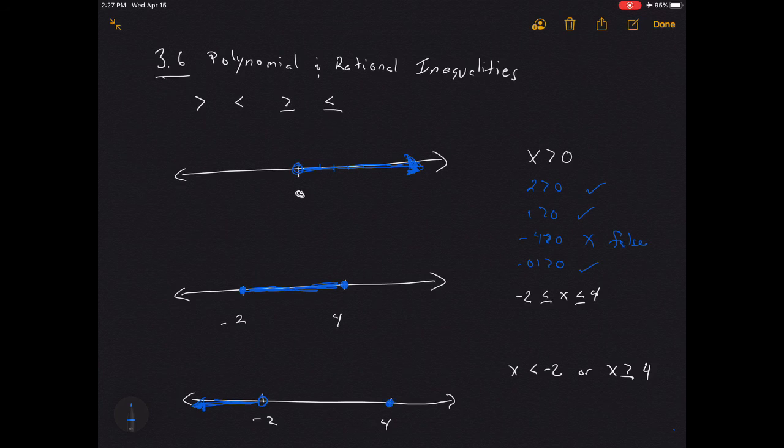That means we put a closed dot on 4, and I'm going to move to the right for as far as I can go and put an arrow on there. Something like that. Not the best looking arrow ever, but you get the idea. So I could have a region where I've got multiple solution sets, multiple answers, and they're separated, and that's also a possibility. So now we're going to try and take a look at how this all fits in with polynomial and rational inequalities.